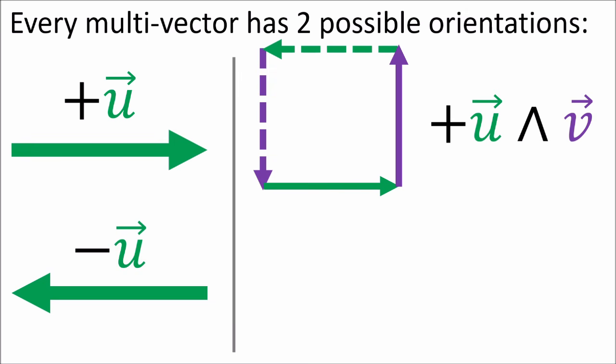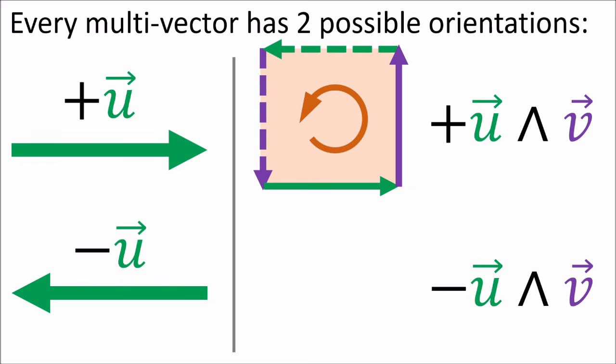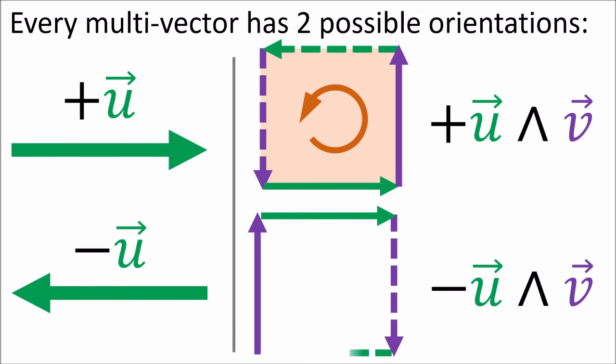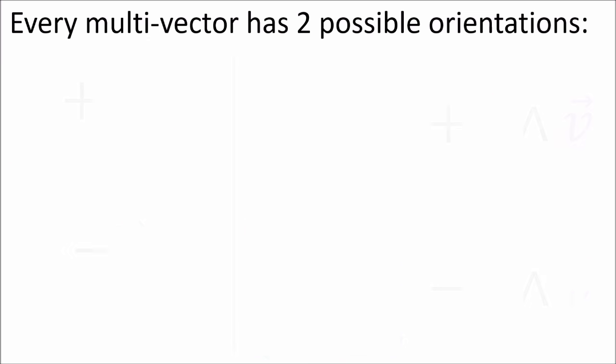The orientation of this bivector just follows the orientation of the vectors along the boundary. We can reverse the orientation of the bivector, introducing a negative sign, just by reversing the orientation of the vectors along the boundary. This logic applies for higher dimensions as well.